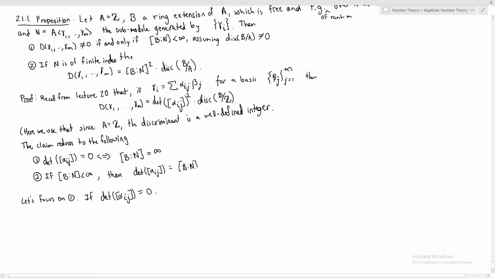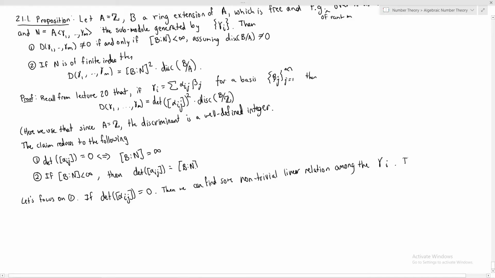Okay. Well, then essentially we can find some non-trivial linear relation amongst these gamma sub i's. Okay.